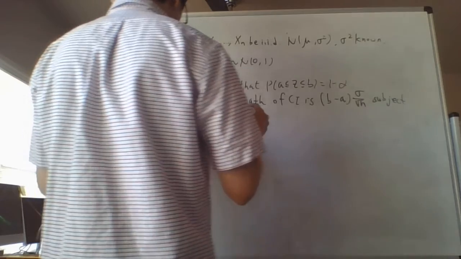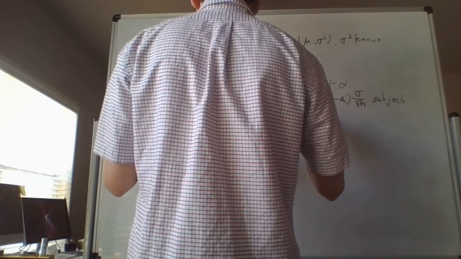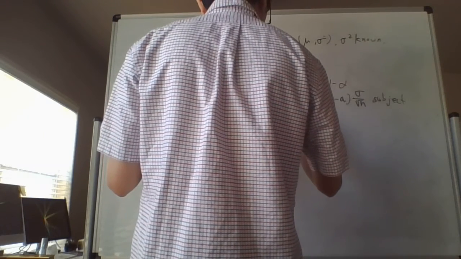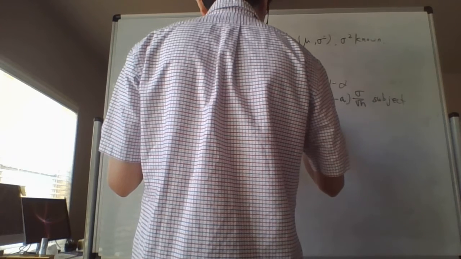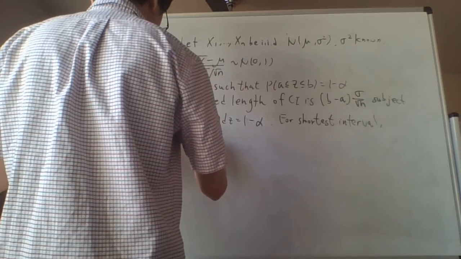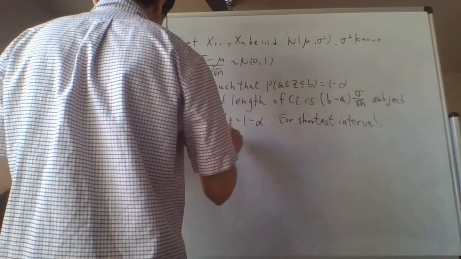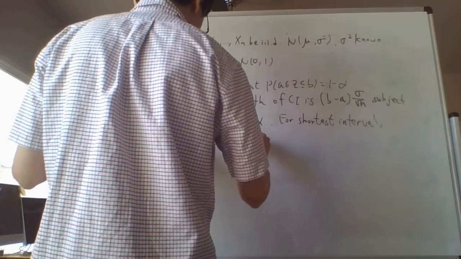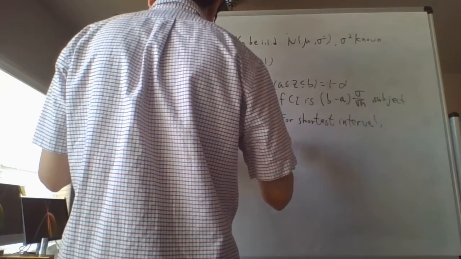So for the shortest interval, we choose alpha 1 equal to alpha divided by 2.